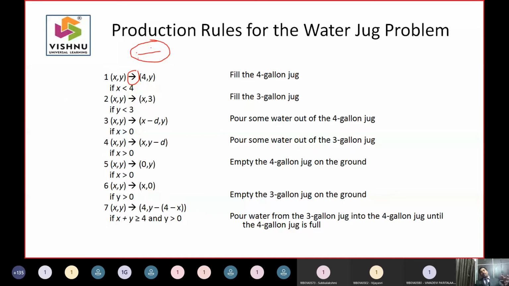And you also need to find out, if 3 rules can be applied for a state, which rule can be applied so that I can get the goal state. You found that 2 rules can be applied for the state to get this goal. Then you need to find out which rule will make you get the output faster. So 3 things I said.